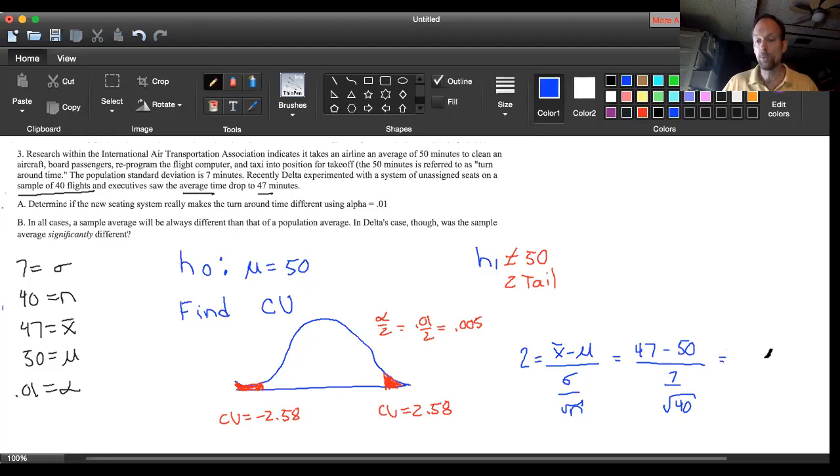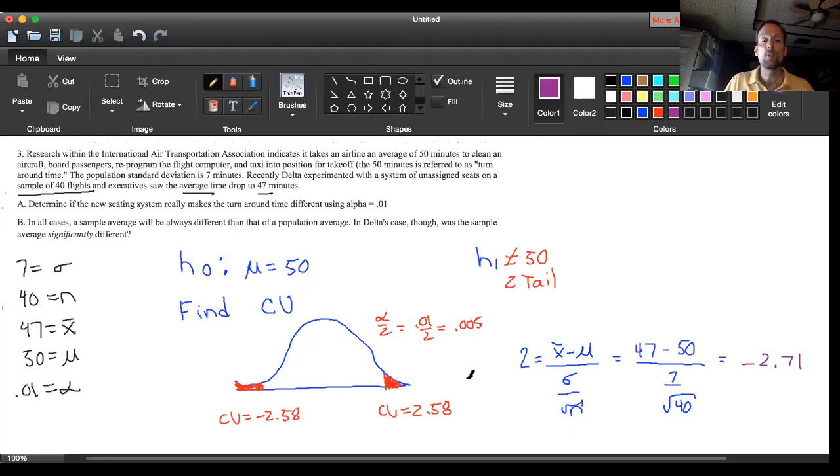I'm getting a minus 2.71. I'm going to do that in a different color. I'm going to double check the calculation. Okay, negative 2.71 it is.